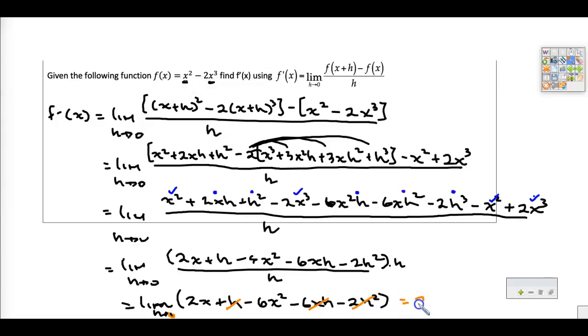So therefore, you would get 2x minus 6x squared. And f prime of x for any value of x equals this. And practice proper notation, equality at each step, and we're writing that limit notation down at each step, please.